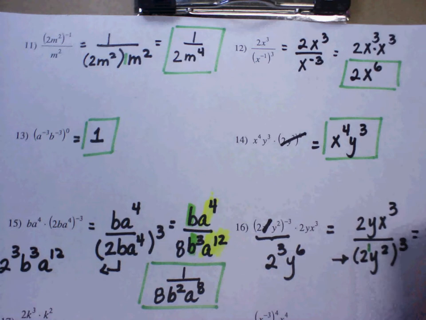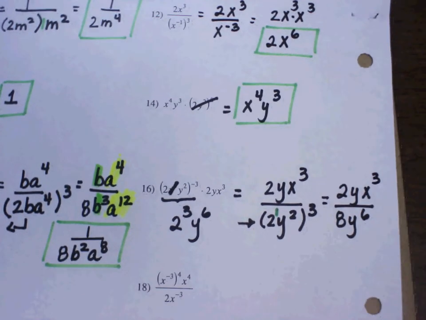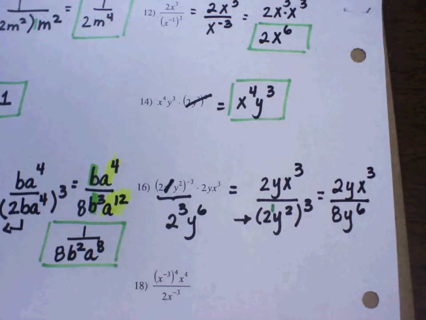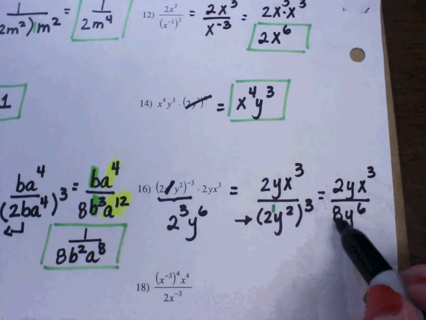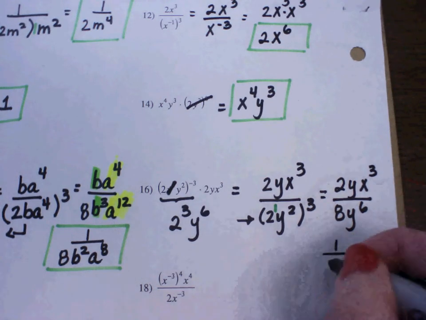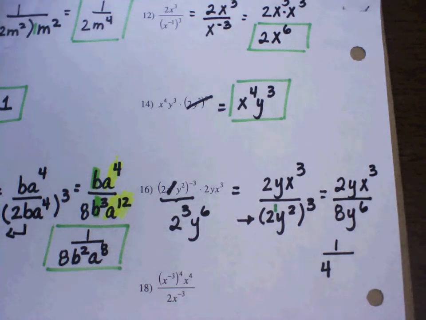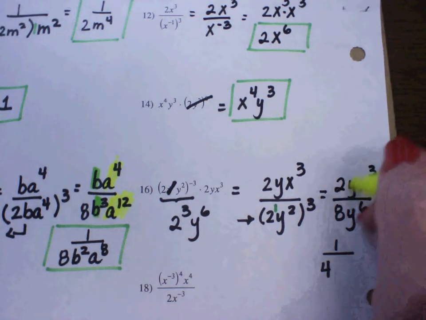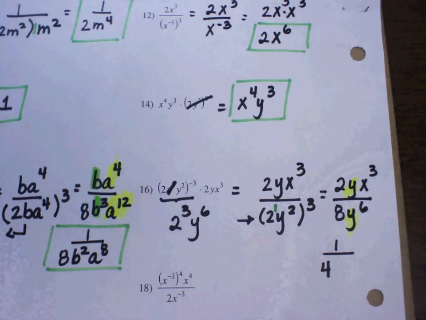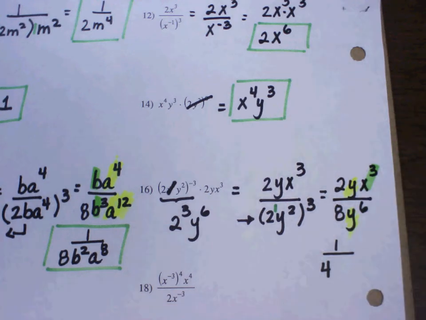So let's put it together. 2yx cubed. 2 to the 3rd power would be 8. And y to the 6th. Oh, I'm sorry, you cannot see it. All right, so 2 and 8 can be simplified to 1 over 4. Those two are canceled. And then, oh no, I'm sorry.